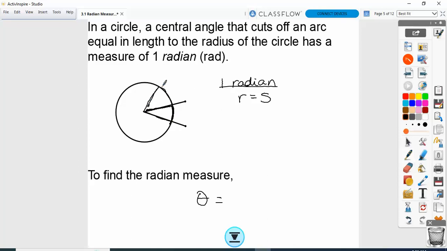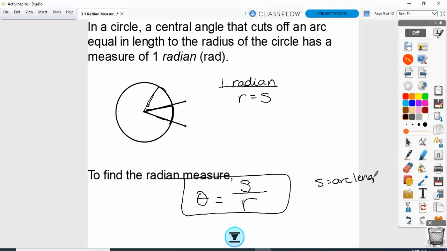So to find out how many radians, all we have to do is take the arc length, S, divided by the radius, R. So theta equals S over R. S is arc length, R is radius, theta is the measure in radian.